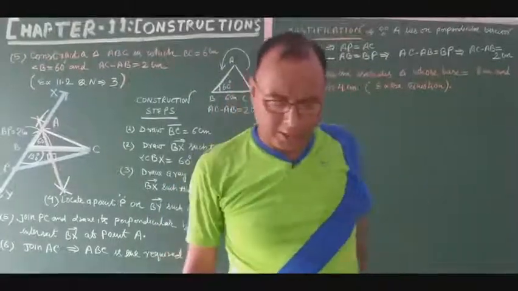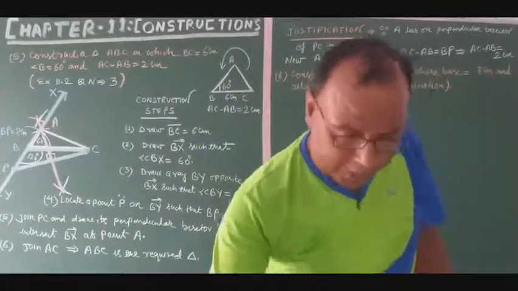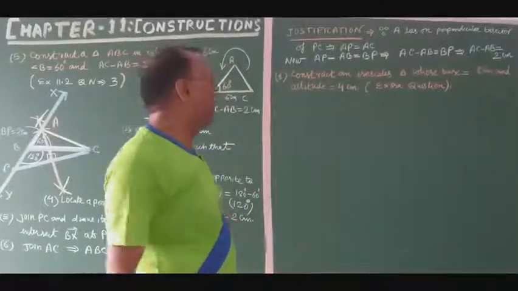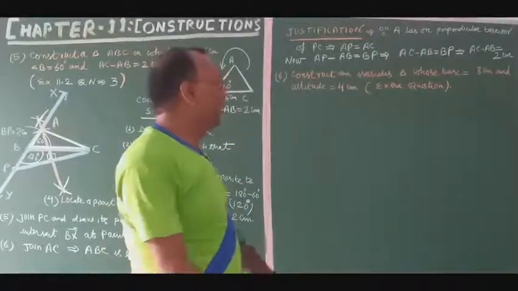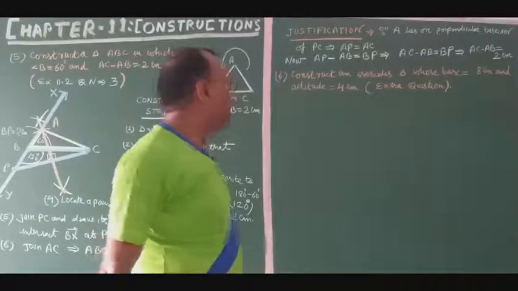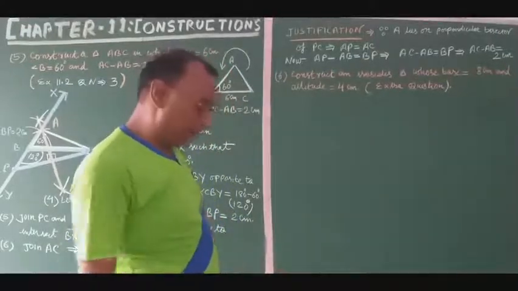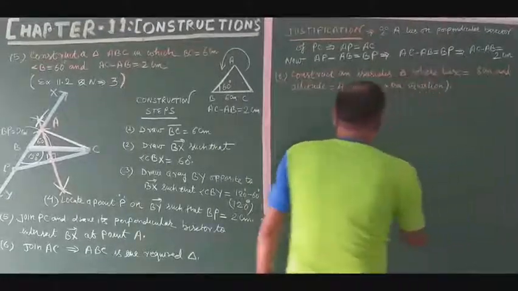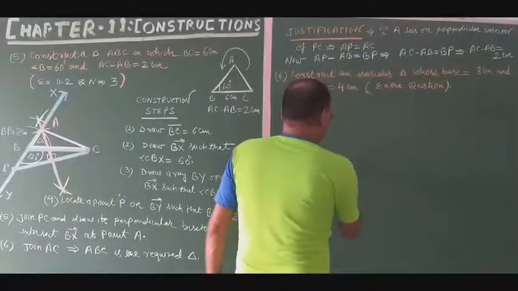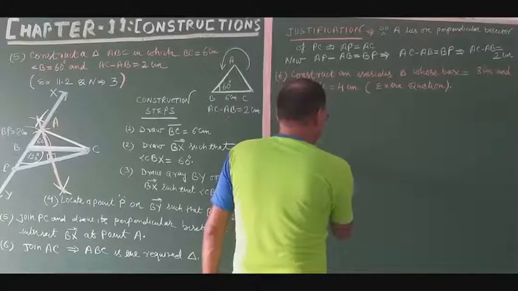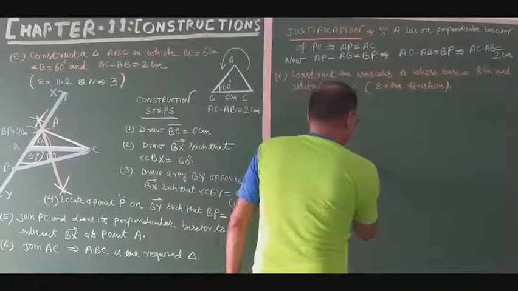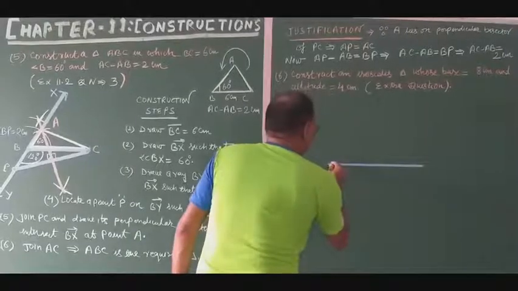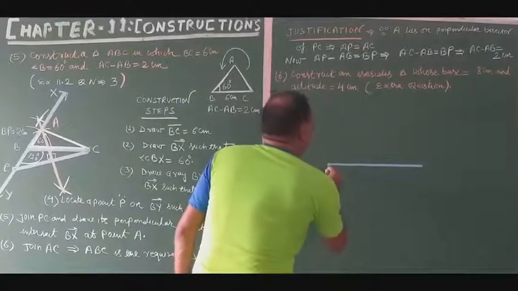Now just look at this extra question. Construct an isosceles triangle whose base is 8 centimeter and altitude is 4 centimeter. So just look here. First, for this, we will draw the base.